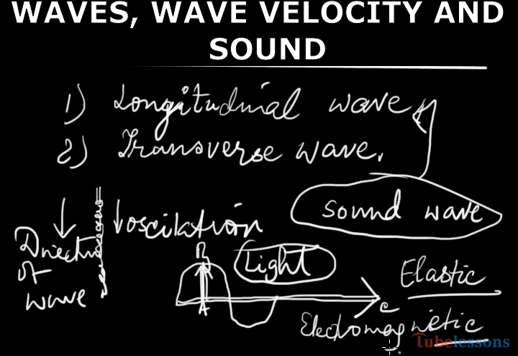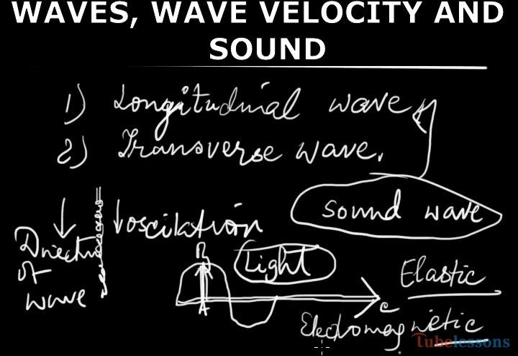Electromagnetic waves can travel without the help of a medium. So light coming from the sun is one kind of electromagnetic wave. X-rays are electromagnetic waves, and gamma rays are also electromagnetic waves. They don't require any medium for their propagation, and they move with very high velocity.